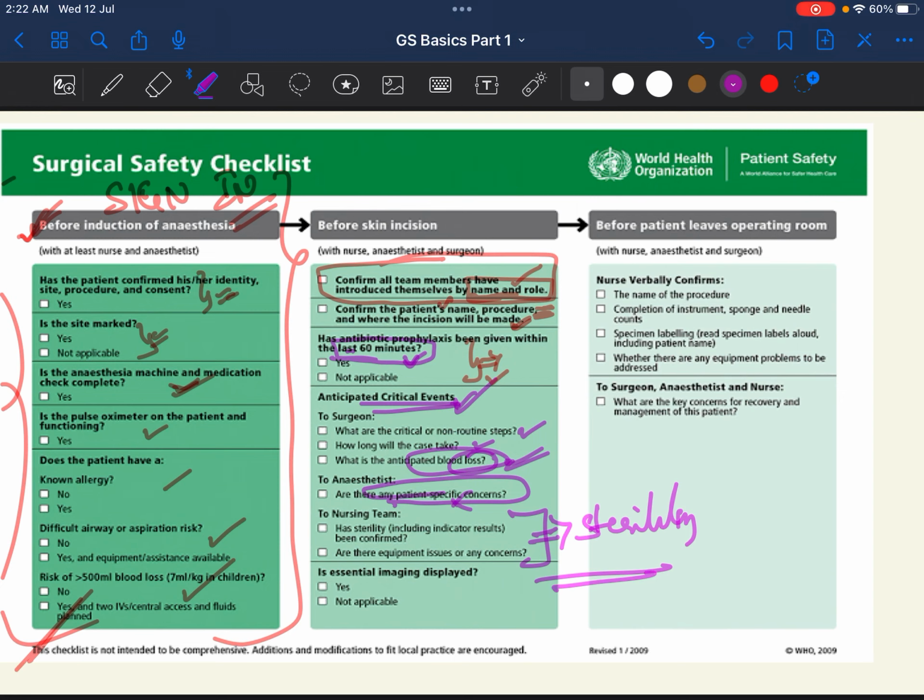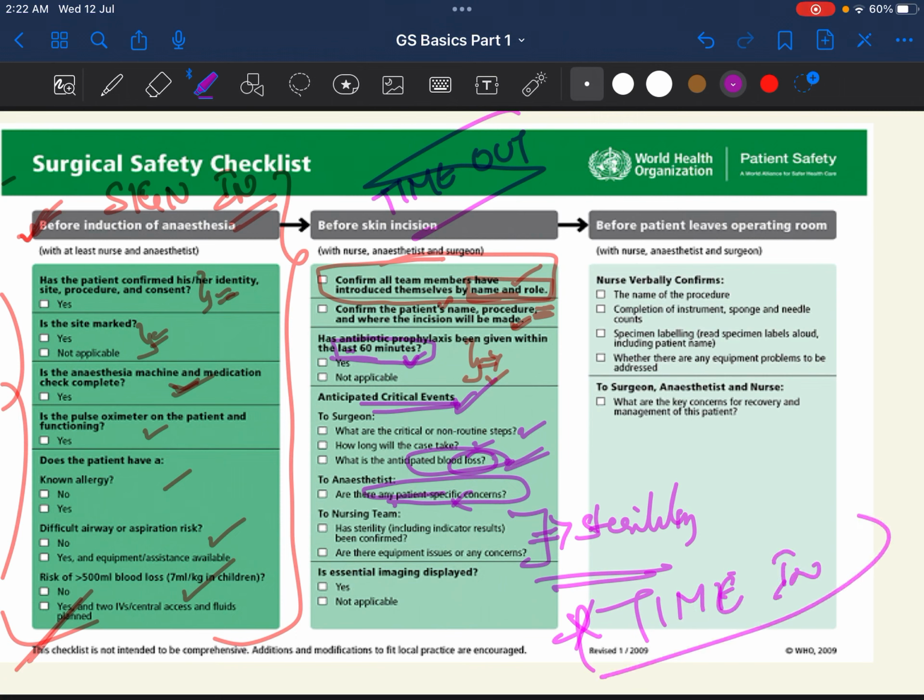So this phase is called time out. So remember, there is no timing in the surgical safety checklist. Next phase will be sign out.